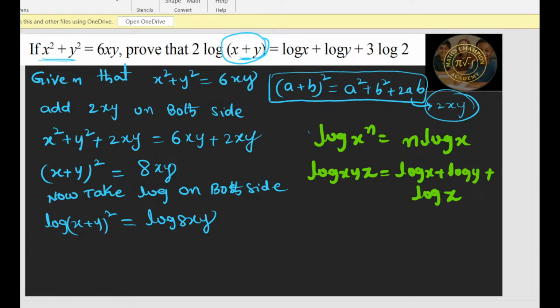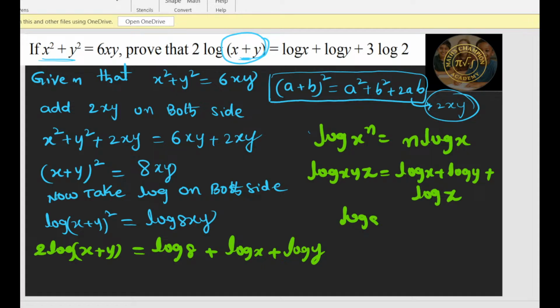So it becomes 2 log (x plus y) is equal to log 8 plus log x plus log y. It is clear. Now log 8 we can write as log 2 cube, so again we write 3 log 2.